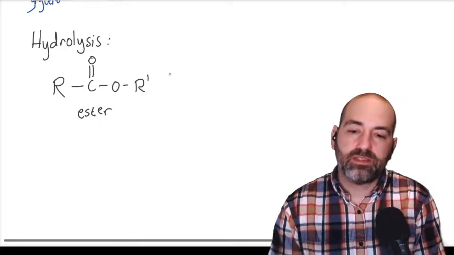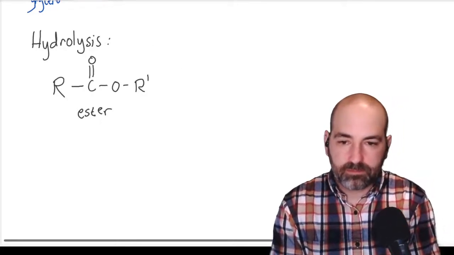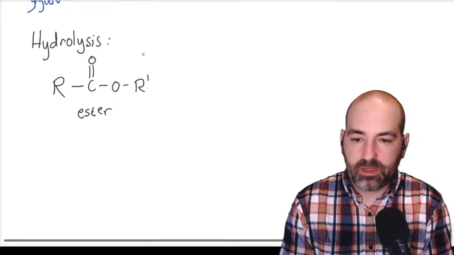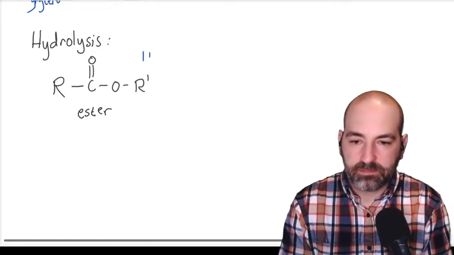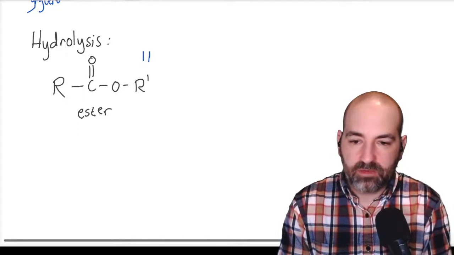And when water is added, I'll use some colors here to try to make it a little bit clearer. We can think of water as H2O, but we can also think of it as H connected to an OH.